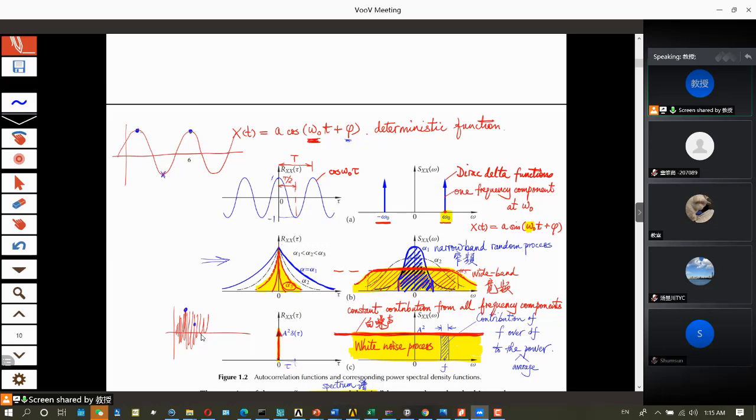For narrow band frequency, the correlation function is relatively flat. When you increase the frequency band, the correlation becomes smaller. In the limiting case, when we have a white noise process, the correlation function becomes a delta function.